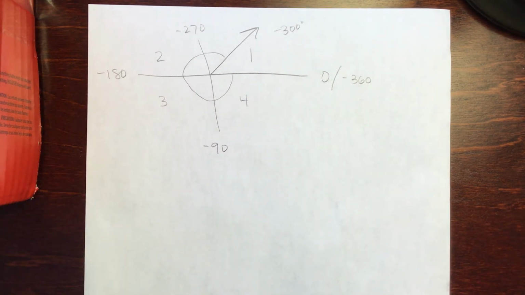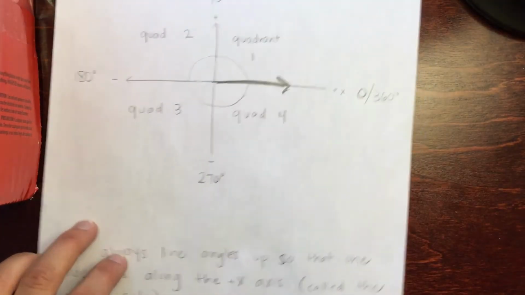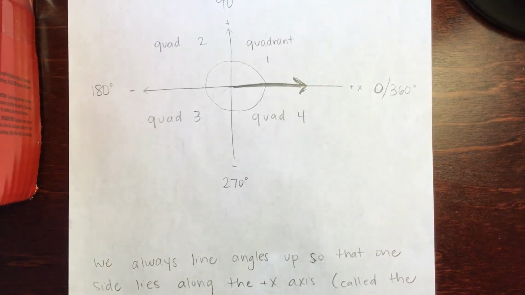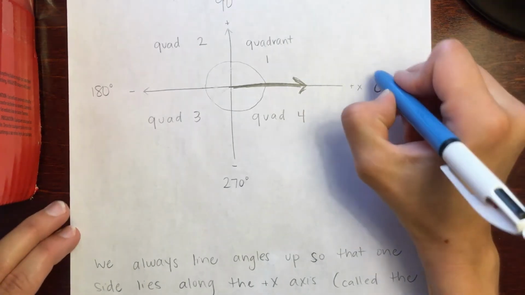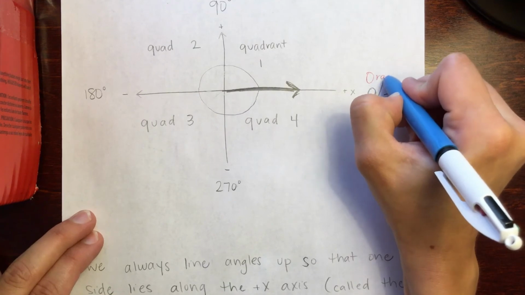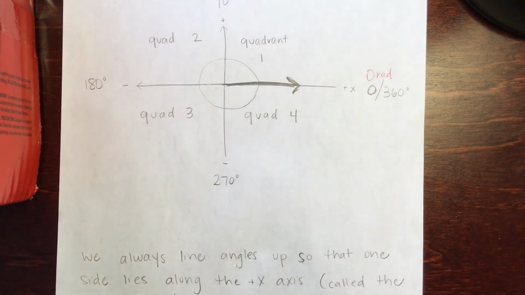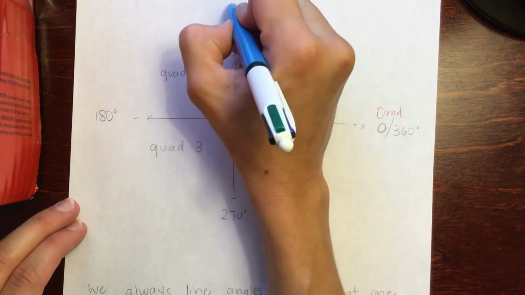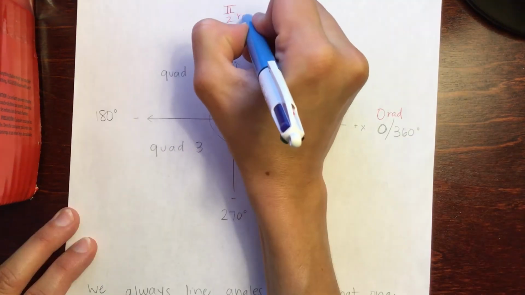I could also ask you about radians. Let's go back to our original picture here. In radians, again, this is still 0 radians. But now if I was going to open straight up, 90 degrees is the same thing as pi over 2 radians.